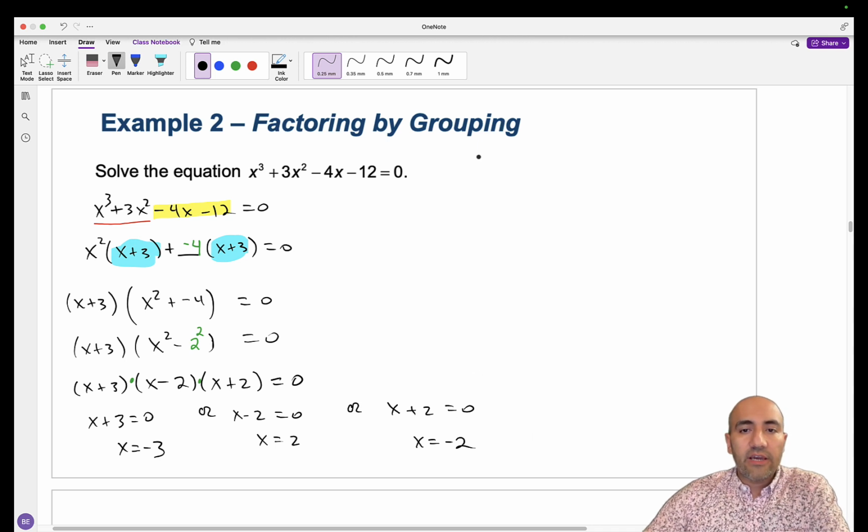Okay, again, we can check this. Check. So this would be blank to the third power plus 3x squared.